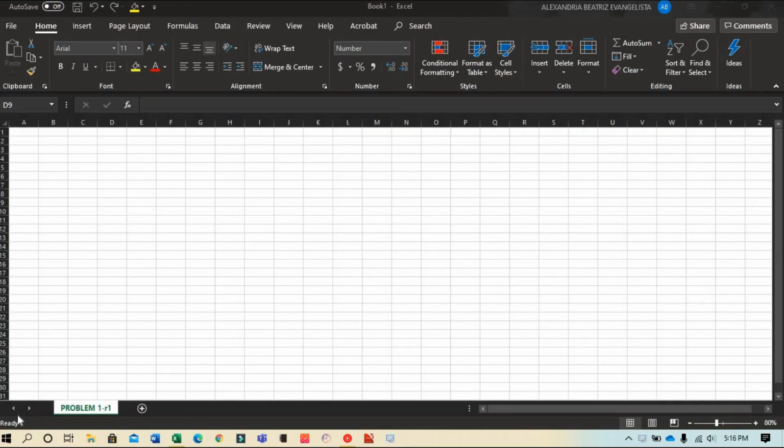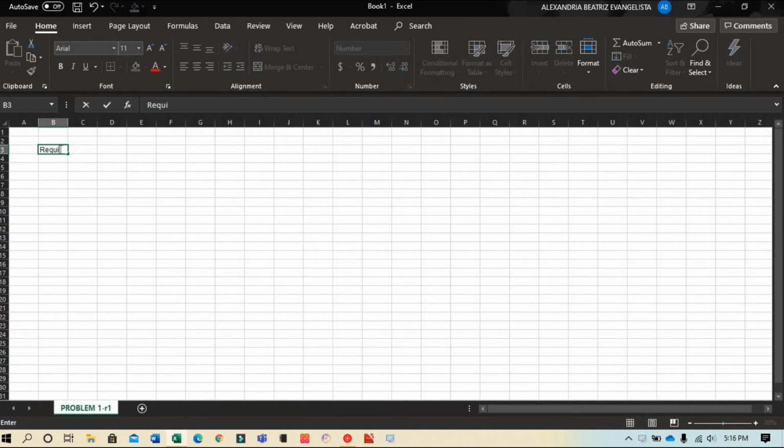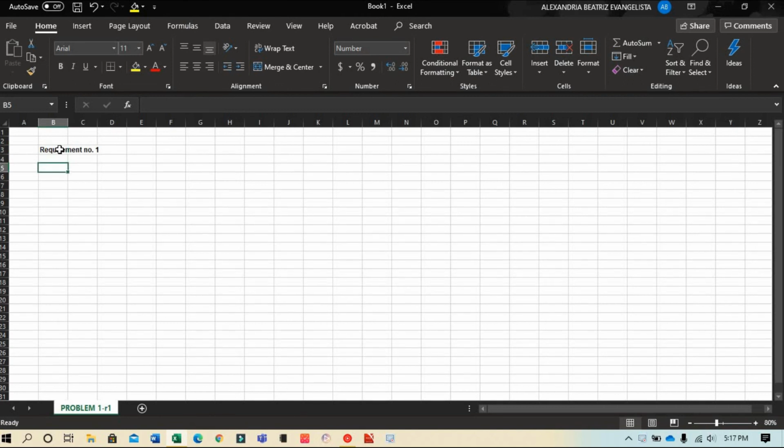Now let's work on requirement number 1, which is making a segmented financial report using the format that was given earlier.